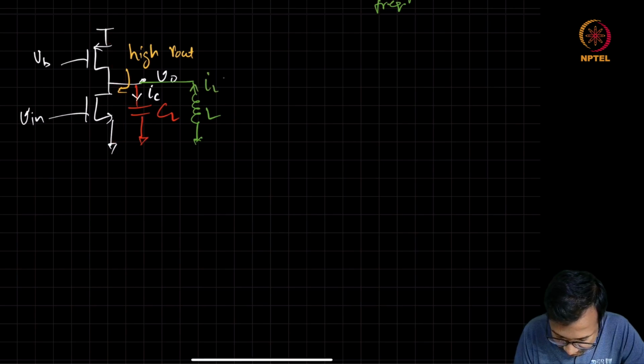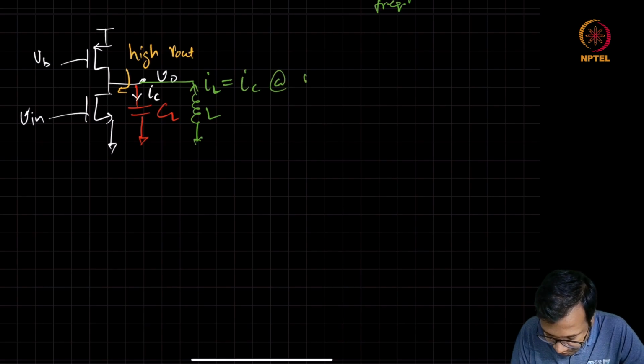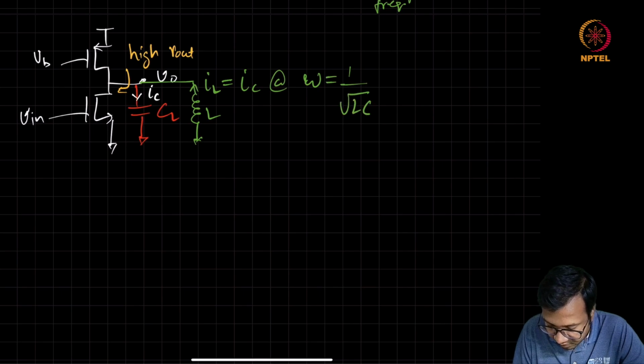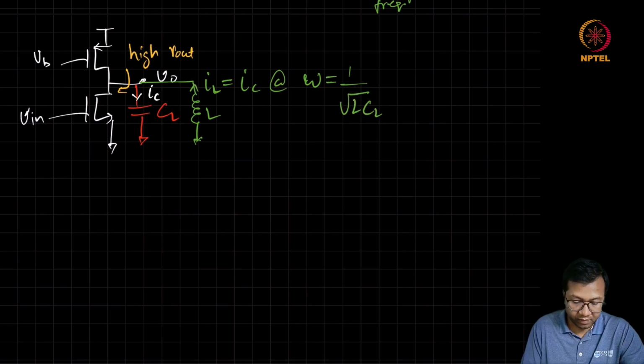This IL can supply IC at omega equal to 1 by root over L CL. So this is the observation.